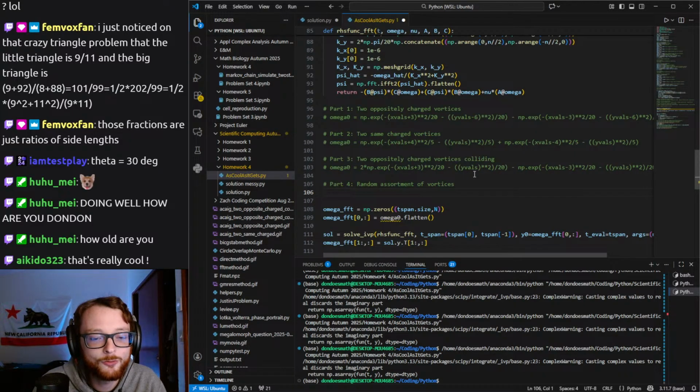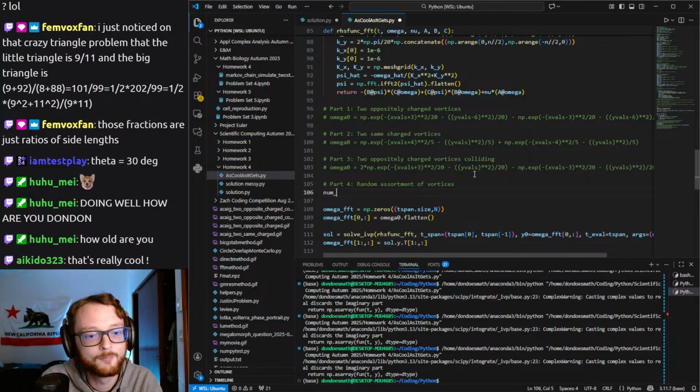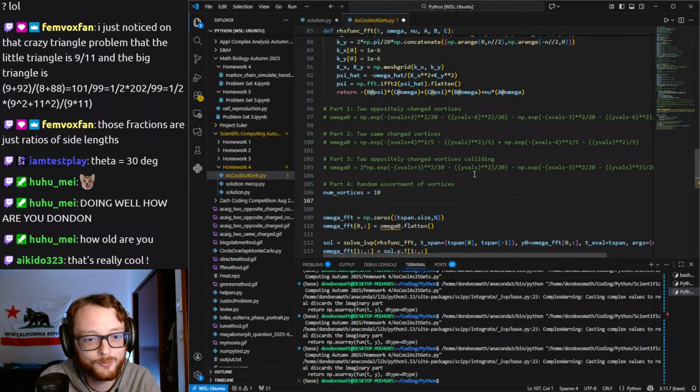So for part 4, we need to do a bunch of different vortices. This could get really chaotic. I guess that's the point. Let's go for 10 vortices. Scaling max, let's say up to 20.